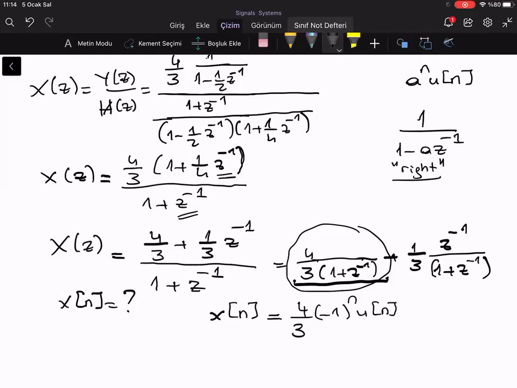Yes. What is your assumption here? Your assumption is that this is a right-sided sequence, right? This is a right-sided sequence.